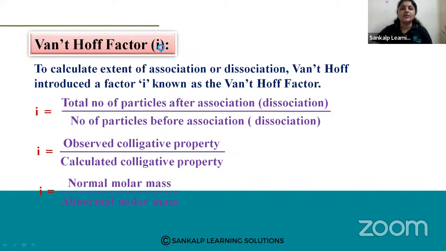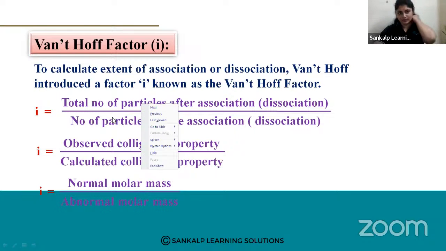Next we'll see what the Vant Hoff factor is. To calculate the extent of association or dissociation, Vant Hoff introduced a factor i, known as the Vant Hoff factor. It is calculated as the number of particles after association upon the number of particles before association, or as observed colligative property upon calculated colligative property, or as normal molar mass upon abnormal molar mass.